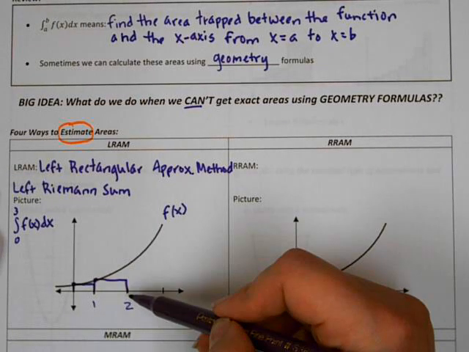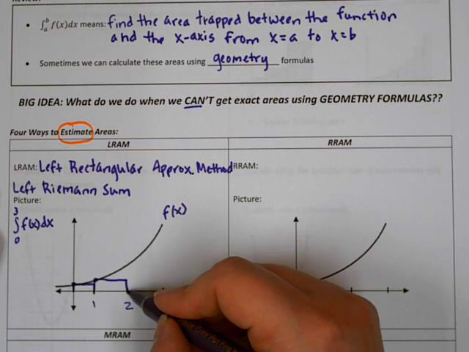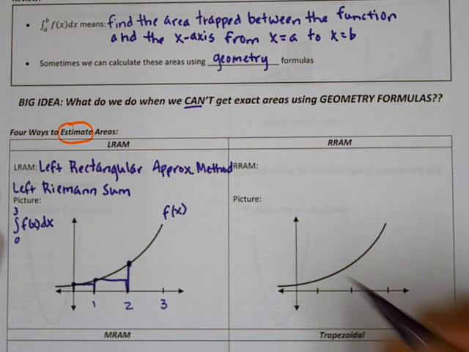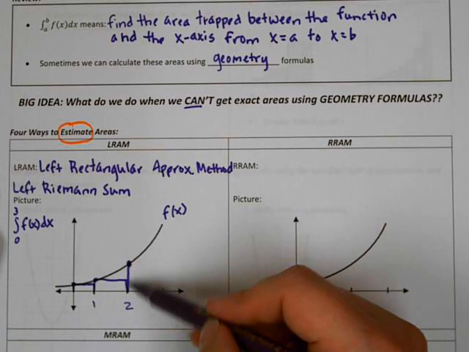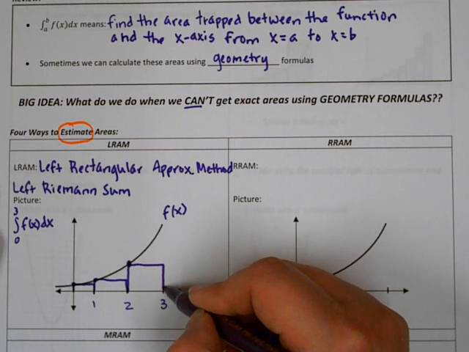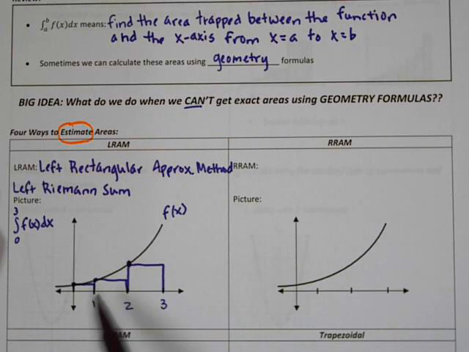For my interval from 2 to 3, my left endpoint is at 2, so I'm going to go straight up from 2, and that gives me the height of my rectangle from 2 to 3. On this one, my intervals all go by 1, so all of these rectangles have the same width, but the heights are determined by the left endpoints.